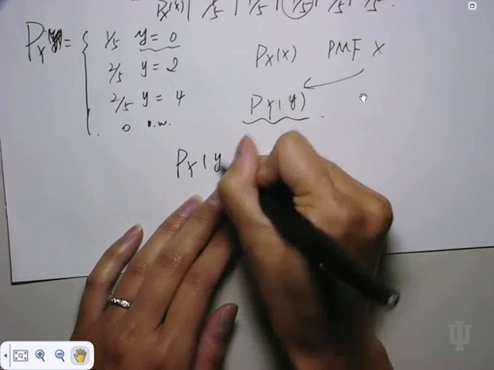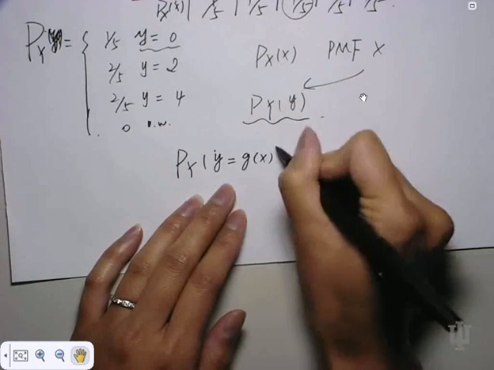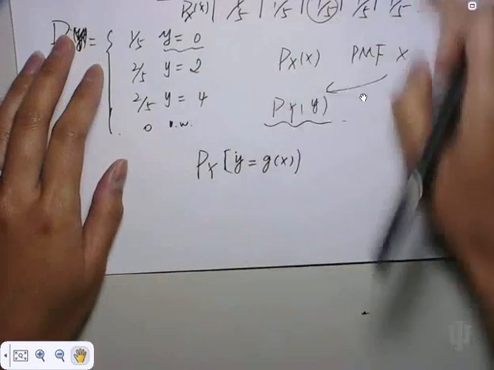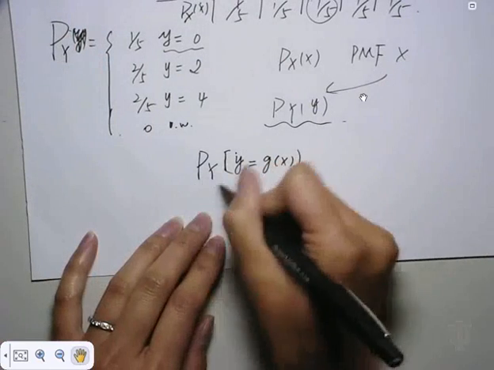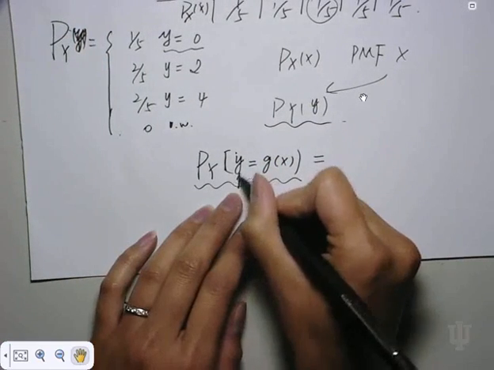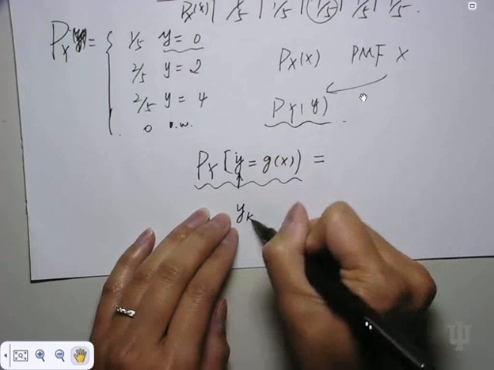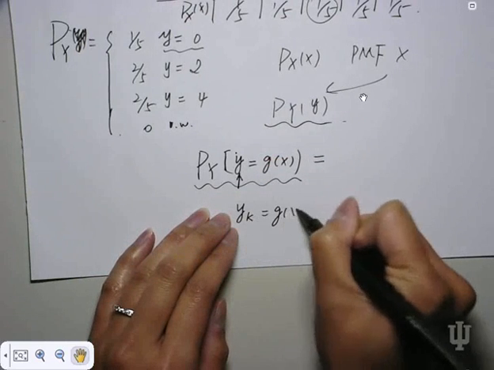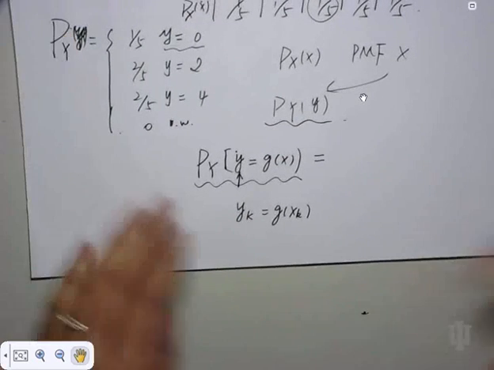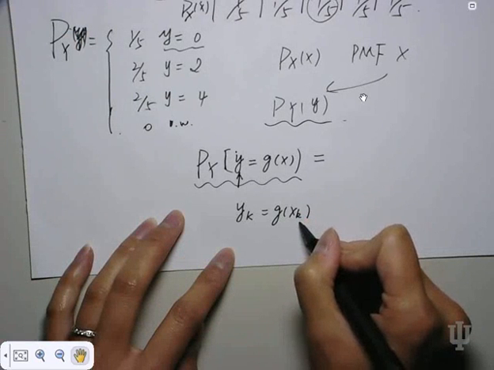Actually, we know, but if you just write it out, each value of this little y, if I call it yk, is generated by certain value of x, right?